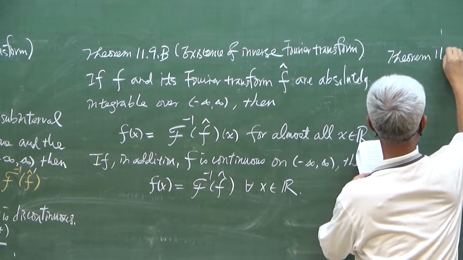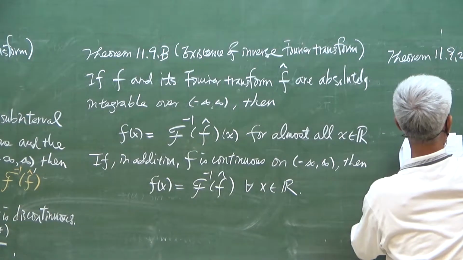Of course, the Fourier transform is linear.